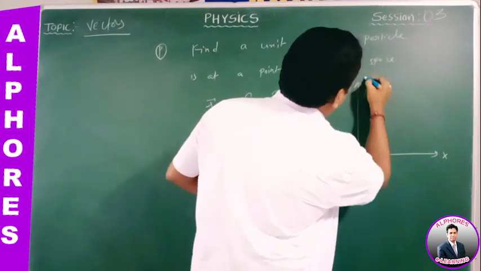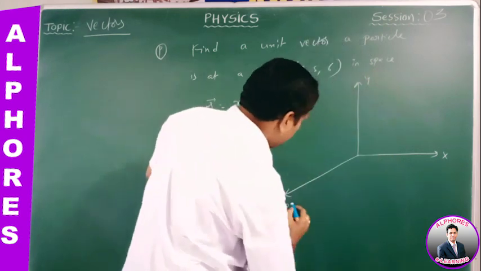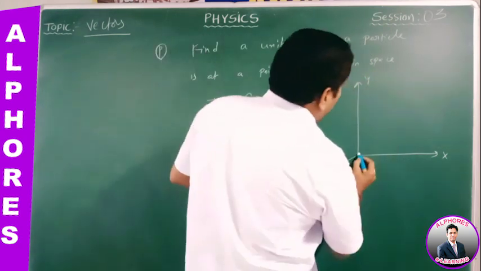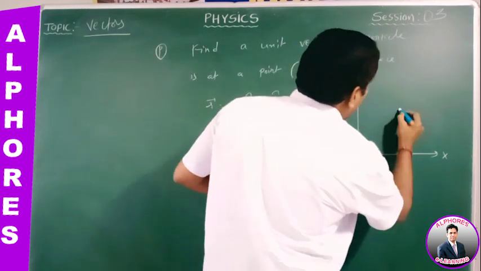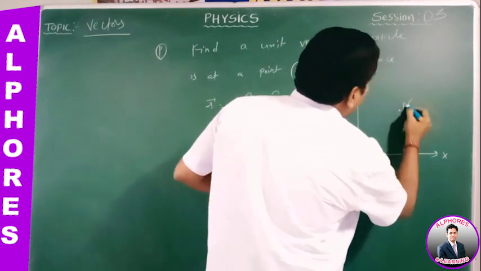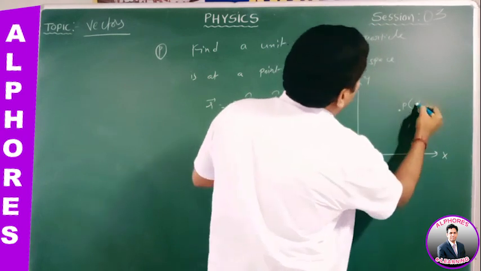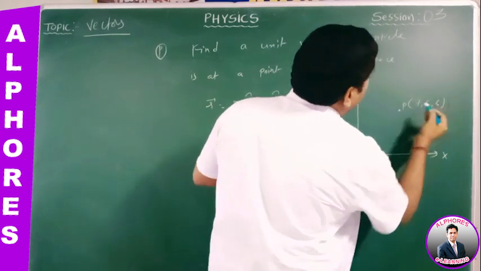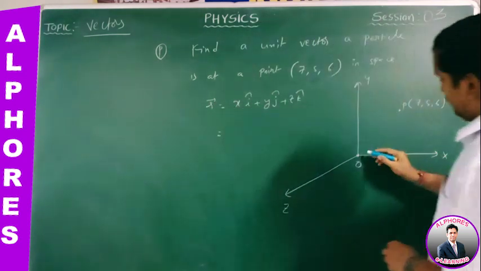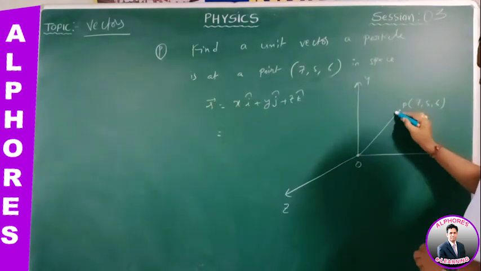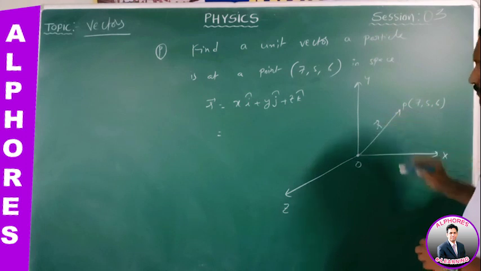This is the x axis, y axis, z axis, and this is nothing but the origin. I am giving the position of the particle, let us say P, as 7, 5, 6. So this is the position vector r bar.